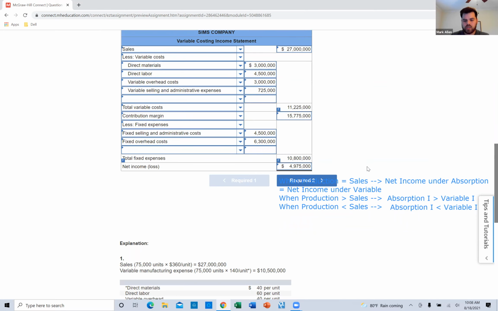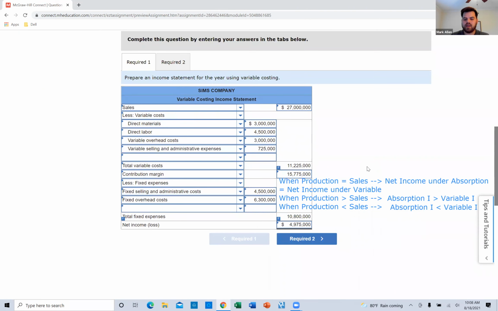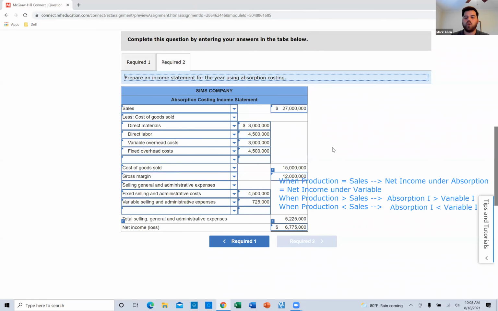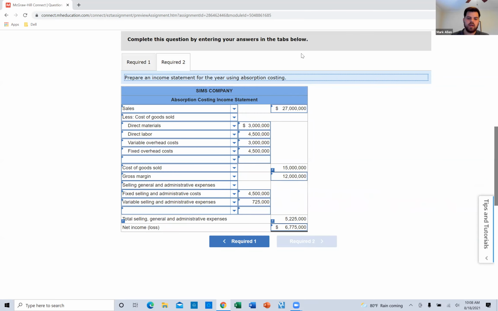Now, the only question is, why is the difference what it is? Why is that difference 1.8 million and not something else? Well, what's the only difference in how we compute net income under these two methods? It's the treatment of what item? I'll give you just a second to think about that.